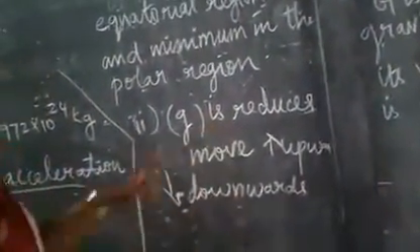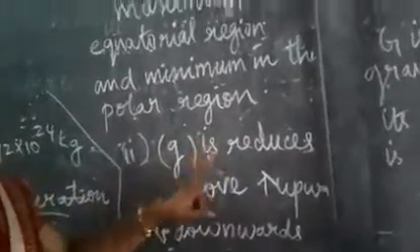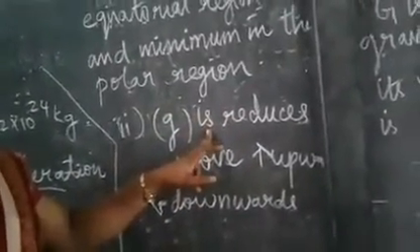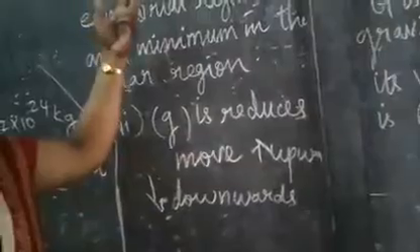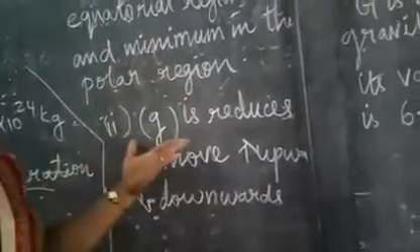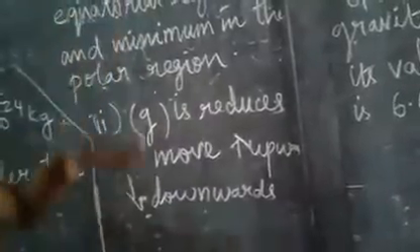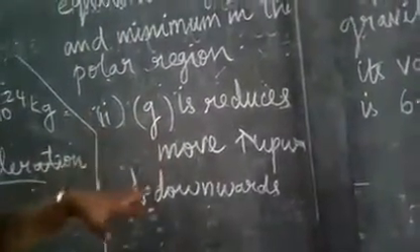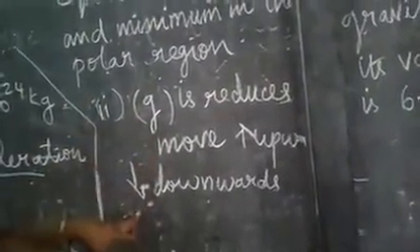This reduces the acceleration due to gravity from the surface. That means when a person moves upwards or downwards from the earth's surface, the acceleration due to gravity is greatly reduced.